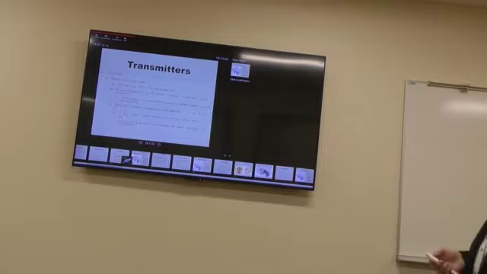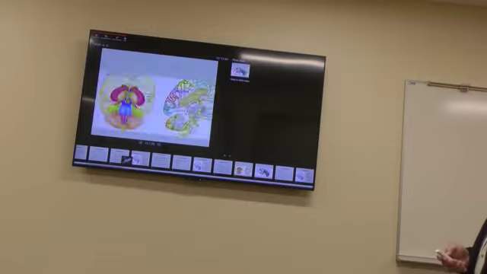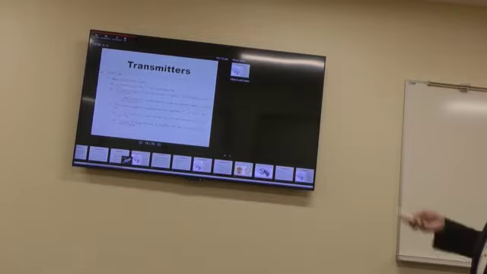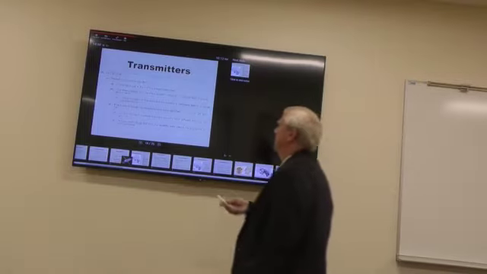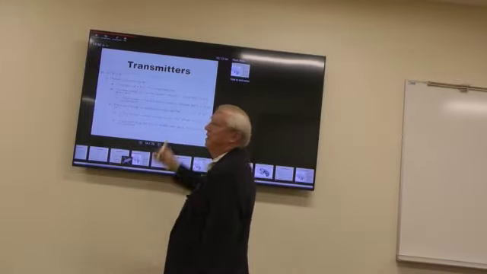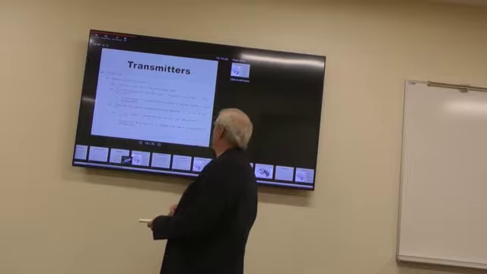So if it's in the mesostriatal area, you get Parkinson's disease. And if you get overstimulation of dopamine in the mesolimbocortical system, then you get schizophrenia. That's if you have too much dopamine there.